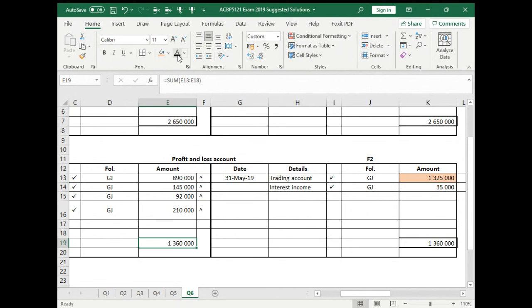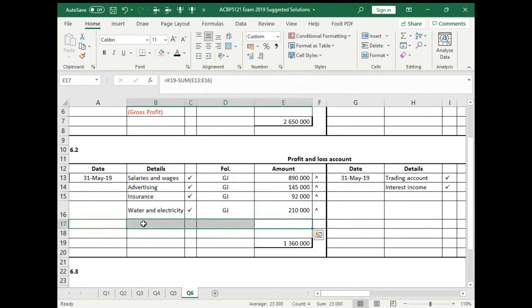Then we transfer it to the debit side. And then the balancing figure, which is the 1.3 million, less all of these expenses gives you 23,000. Now that 23,000 we take to our capital account at the end of the year to work out what is the owner's net worth in the business.